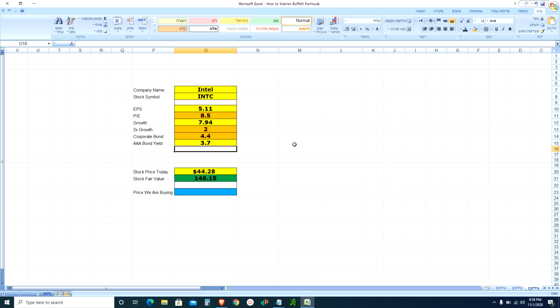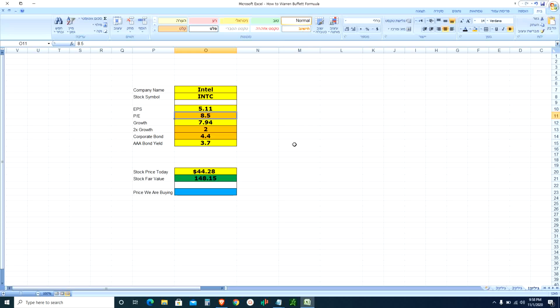We're going to change 8.5 to 7. Okay, sure, we can go with that and say that Intel's fair value price is 150 and now it's 44 and I'm going to go all in tomorrow. Sure, but let's see the more conservative way.